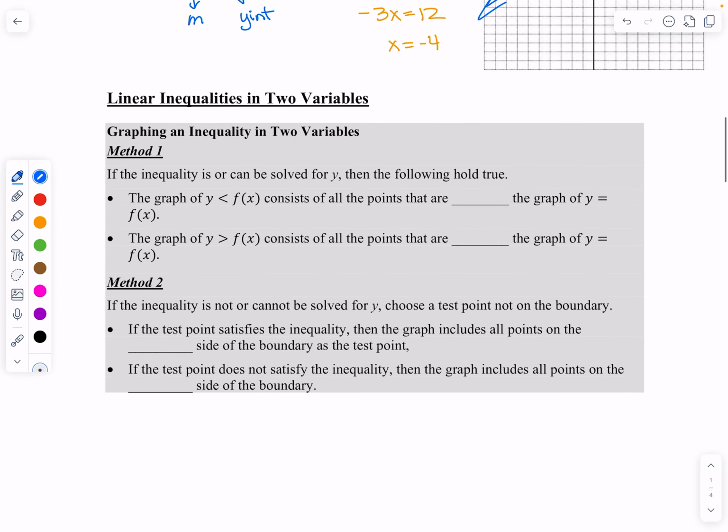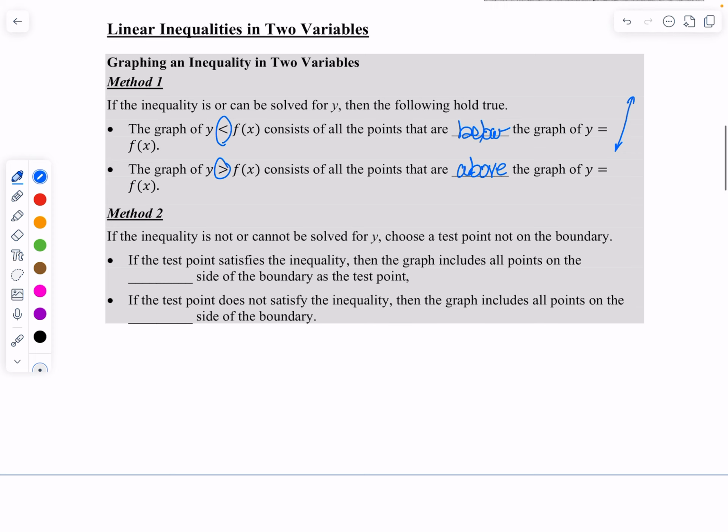Now, remember when we solve inequalities, we are going to be shading things. Remember when y was less than a function, we shaded below that graph. When y is greater than, we're going to shade above. But sometimes that gets confusing, especially when your line is really sharp. What's above and what's below? So method number 2 is the one I use a lot.